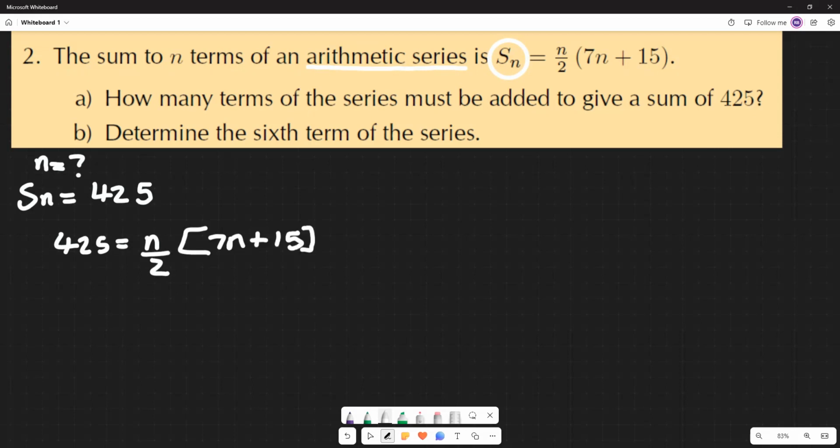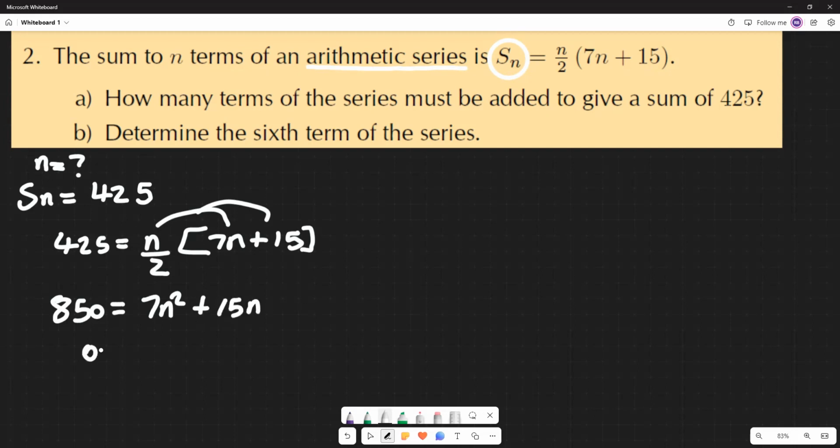And then we're going to always multiply the Sn by that 2. I'm sure you're seeing the pattern now, so that it cancels this side. So 425 multiplied by 2, that gives us 850. And then you can see that here we need to multiply by n inside, which is 7n squared plus 15n.